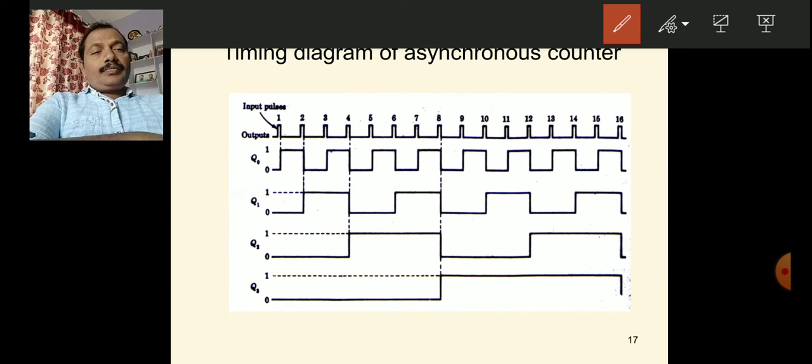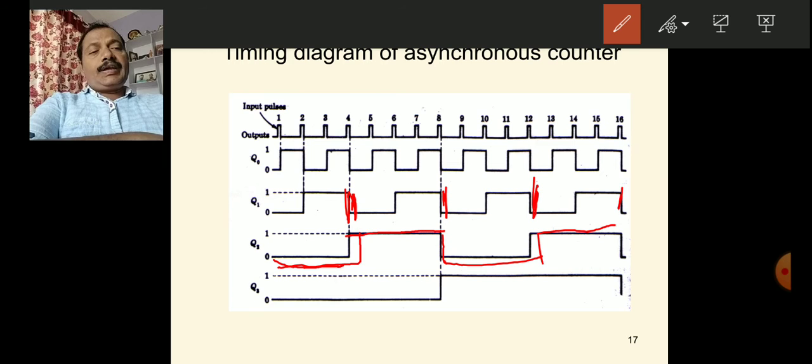So now let us see, this is the negative edge. The Q2 is 0 up to this negative edge. Once the negative edge is there, the Q2 complements its previous value 0 to 1. In the next edge, it complements to 0. The next edge, it complements to 1. The next edge, it complements to 0, like this.